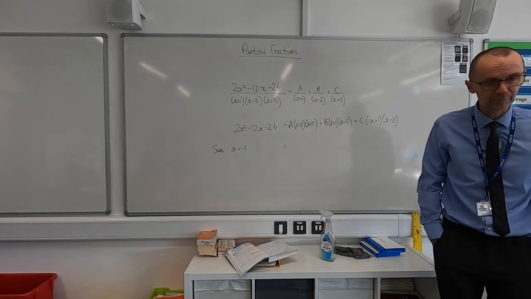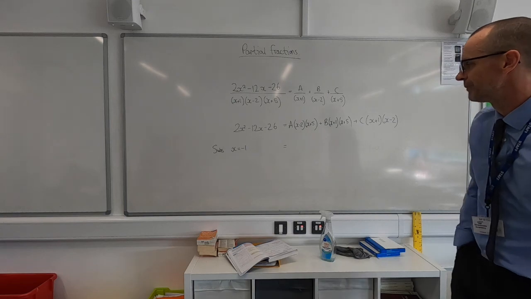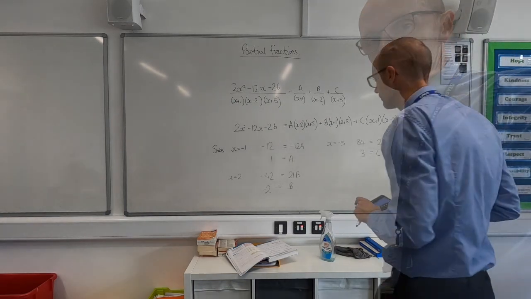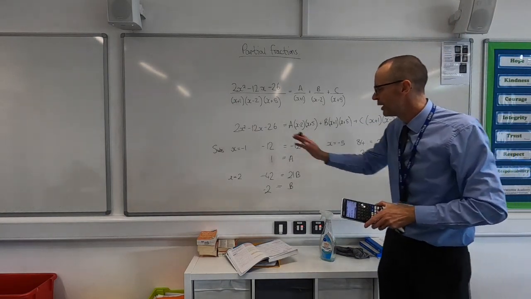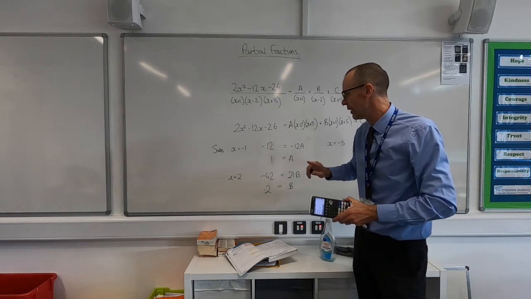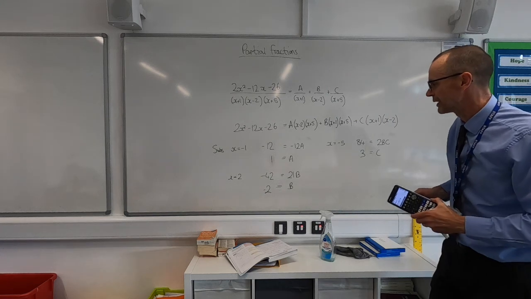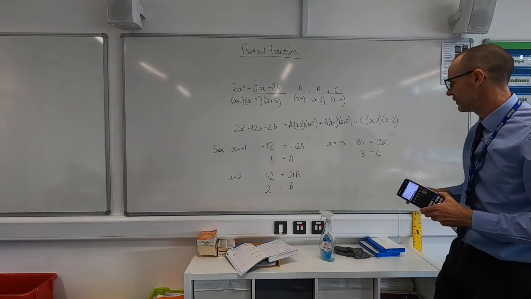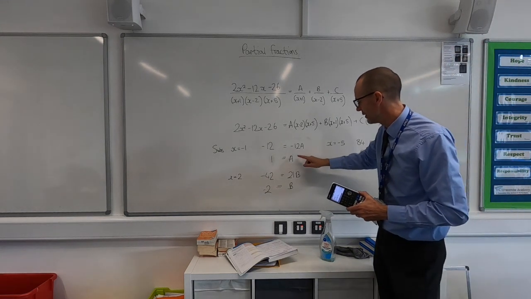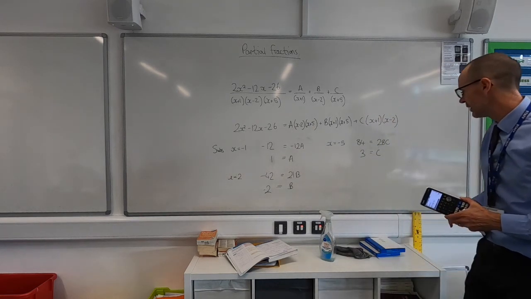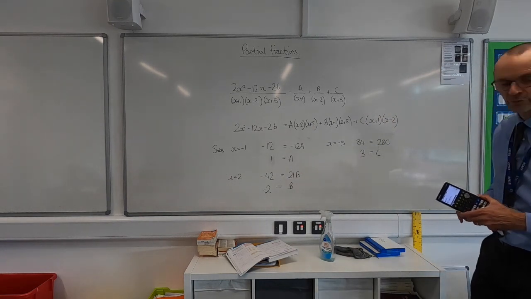You can do it, but it's more complicated. So I've substituted in -1. I used my calculator to work out this using the x value, 2 and -5. So I get my values: a, b is -2, c is 3.